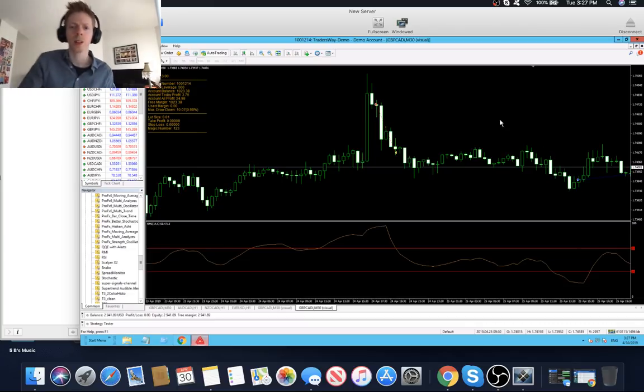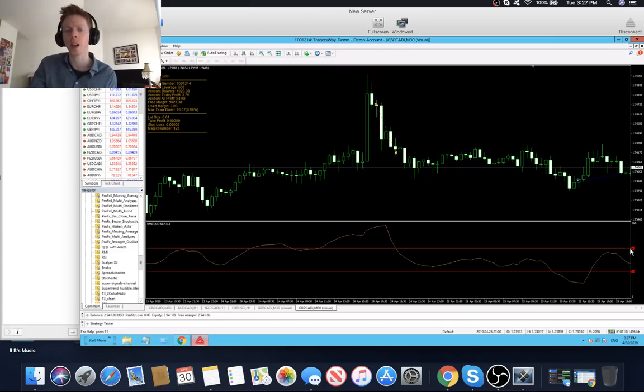The expert advisor looks for two conditions to be met. The first one is the RMI indicator. If you don't know much about this indicator, it's very much like the RSI, but it goes a little bit further by showing you a better, more accurate momentum of price.